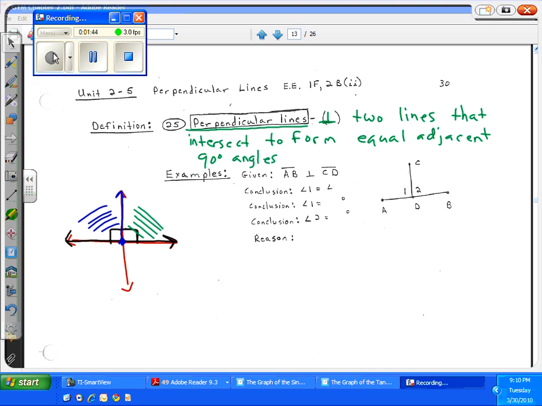So when two lines are perpendicular, they form equal adjacent 90-degree angles. They're even 90-degree angles down there also.